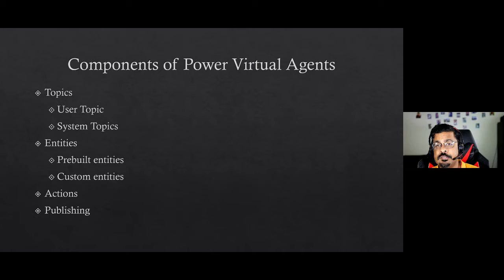When you create a new bot, they come as a default, and you can see greetings and escalates and different kinds of system generated topics. You can modify those topics, but again it depends on you, how you want to take it. For my understanding, as I've seen Power Virtual Agents, you might have to modify those system topics.